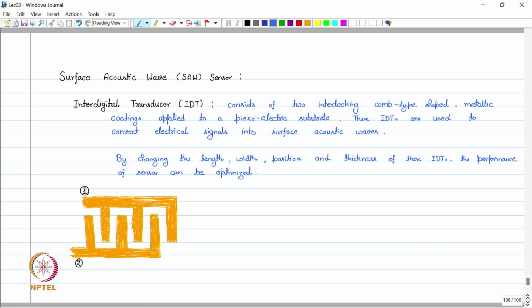This distance is lambda by 4, which is the thickness of this fin, and the spacing between these fins, for example this and this, is the spacing between these two fins overall. This is also lambda by 4, and overall from this point to this point is lambda.